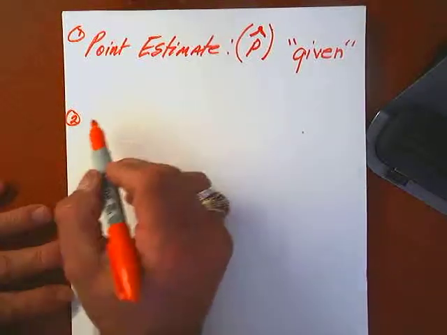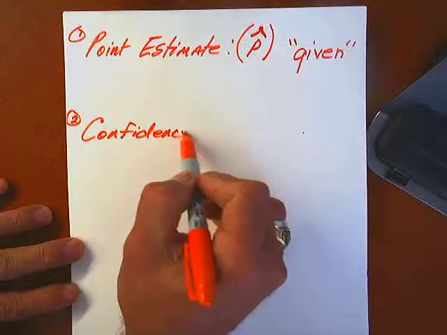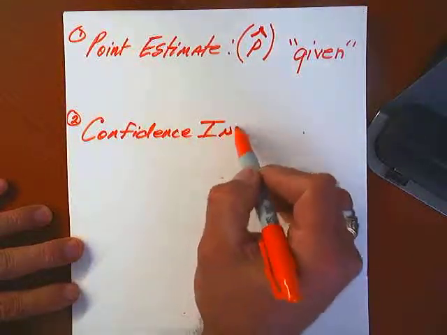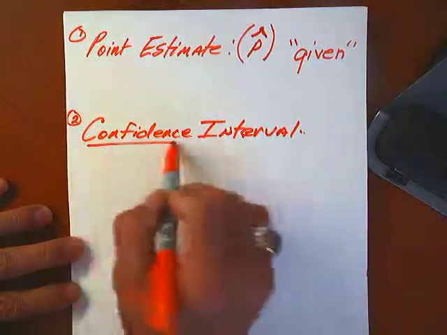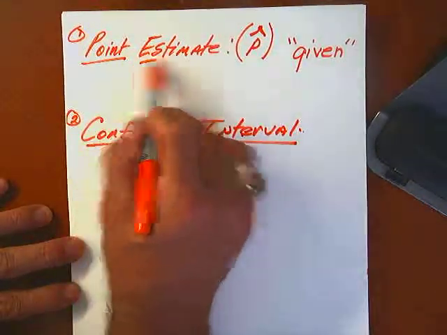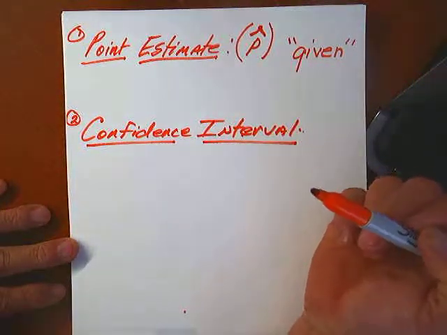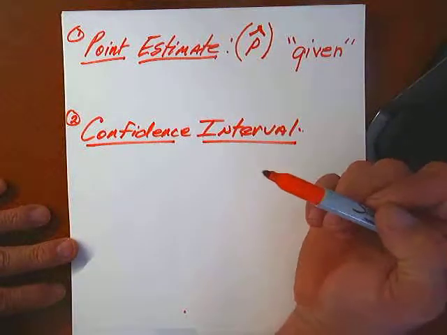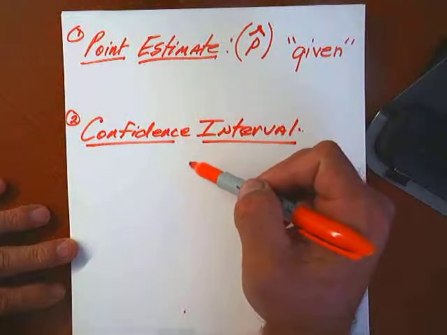The second thing that you want to have is a confidence interval. Confidence interval is basically telling you how confident you are that the sample proportion is actually predicting the population.